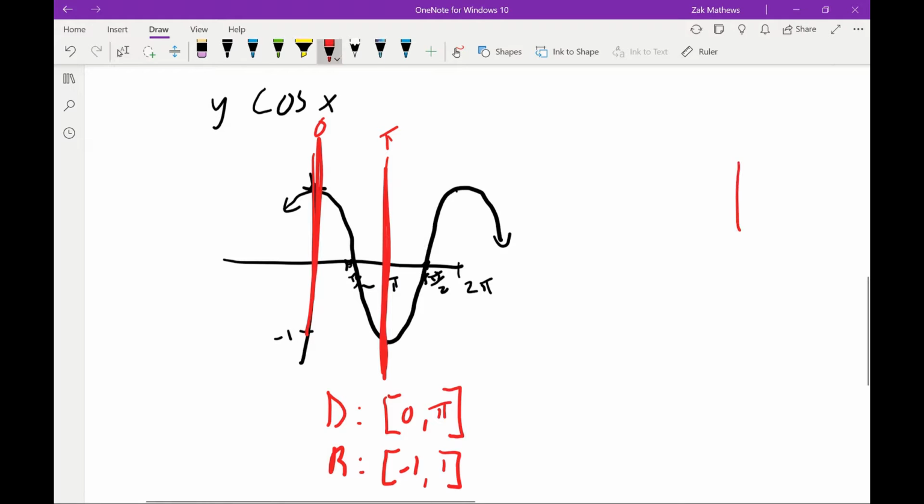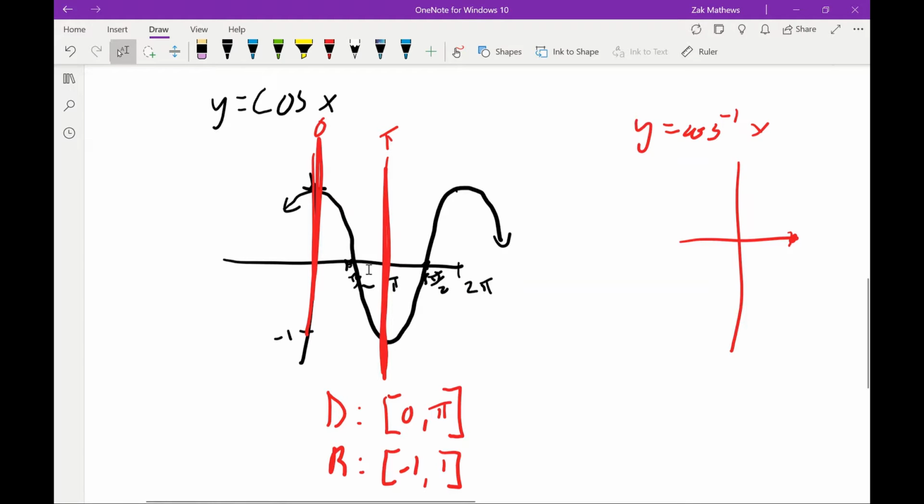If I were to graph the inverse cosine function, well, we're going to do the same thing we did before. We're going to take those values. So we had the value of 0, 1. That becomes 1, 0. The next value we had was π/2, 0.